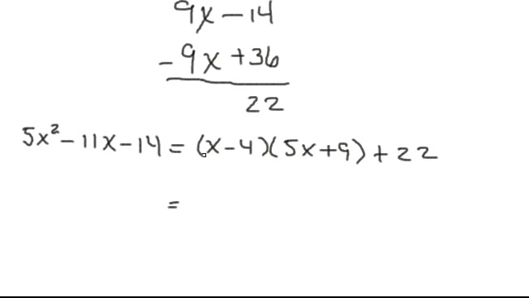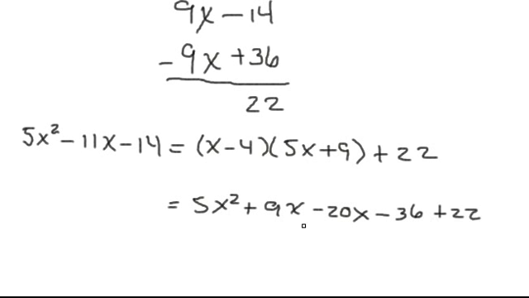So that's 5x times x is 5x squared plus 9x minus 20x minus 36 plus 22, and I sure hope that's equal to that. And it looks like it is equal to the left-hand side.